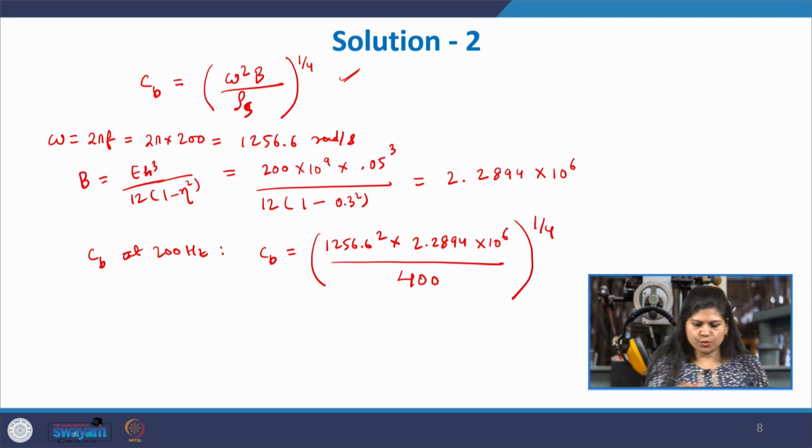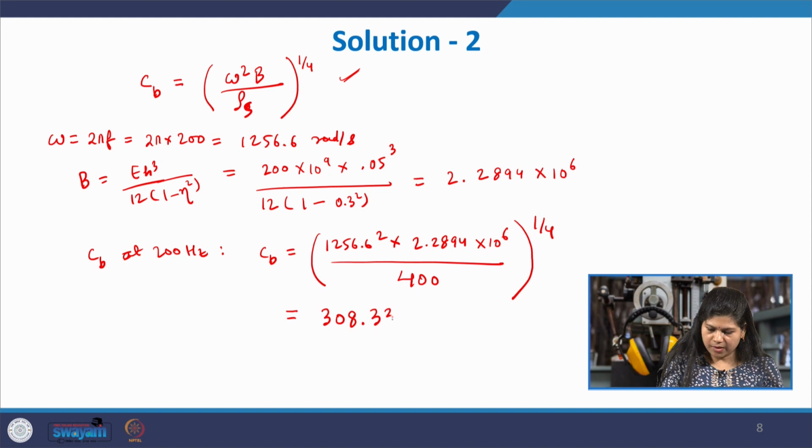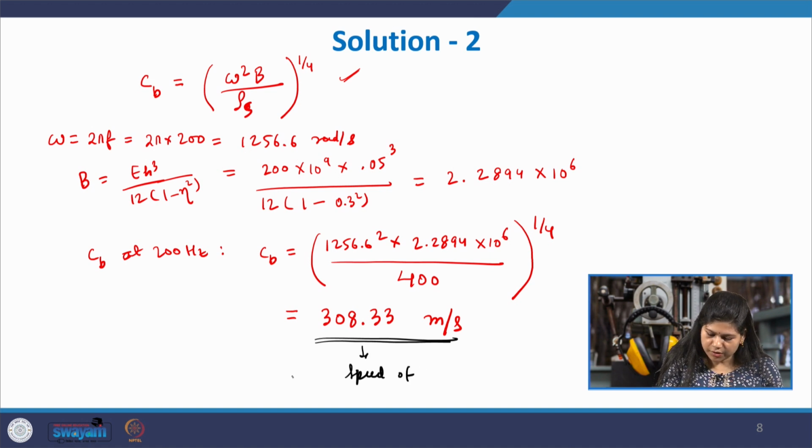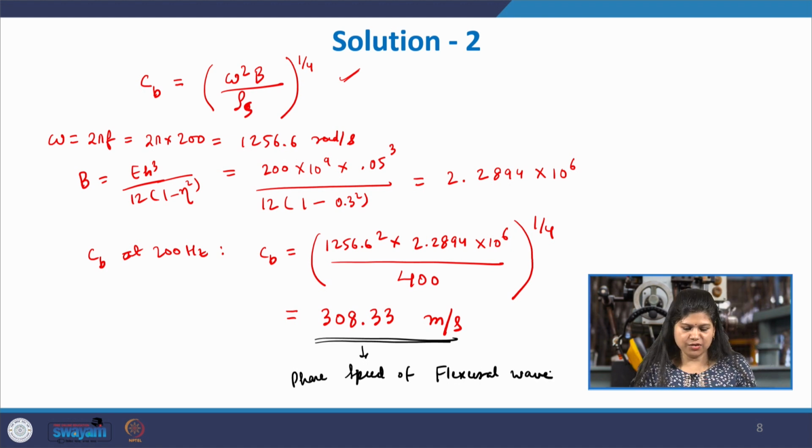On solving, the answer is probably this one. Its speed is in meters per second. So, that is what was asked: what is the speed of the flexural wave? This is the phase speed of the flexural wave that is generated in the flat plate under the given conditions.